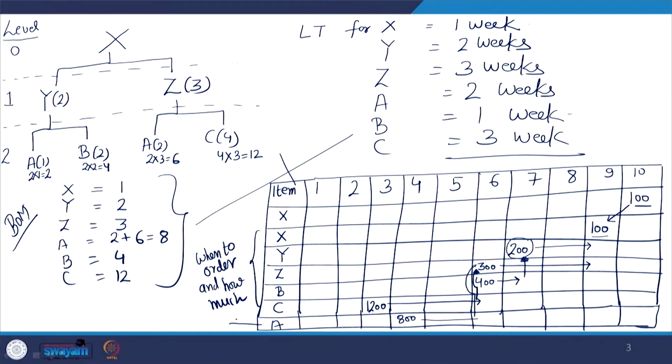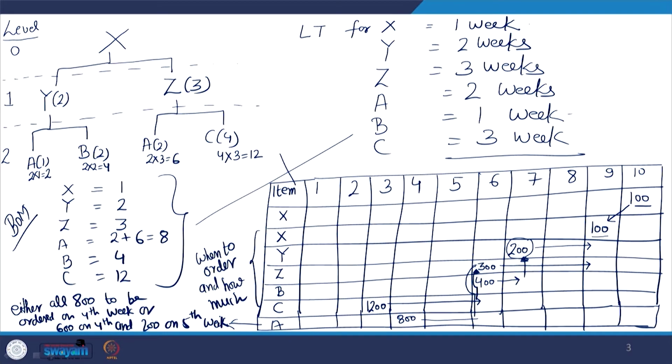So, here we can note that either all 800 to be ordered on 4th week, or 600 on 4th and 200 on 5th, because A is to be used for Y as well as for Z. So, if you are keeping all 800 on the 4th week, you need to pay inventory carrying cost for 200 units for 1 week.